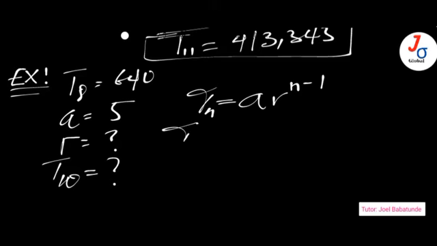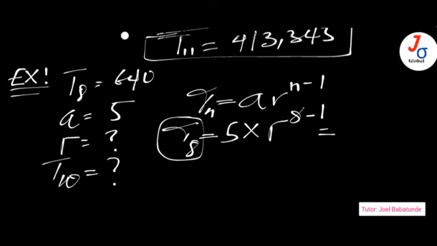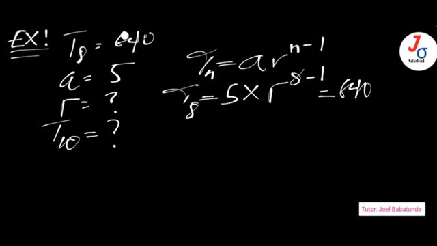Okay, so T8 is equal to a. a is 5, multiplied by r, which we don't specifically know, raised to the power of n minus 1, where n is 8, so 8 minus 1. And T8 is equal to 640. Therefore 5 multiplied by r to the power of 7 equals 640.